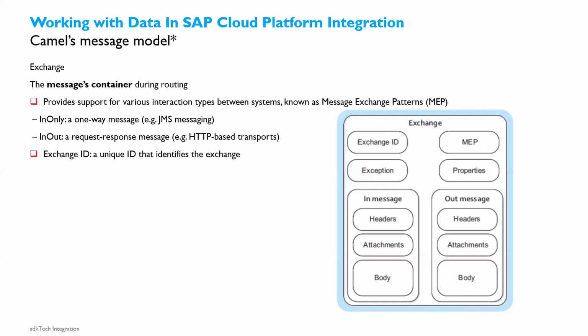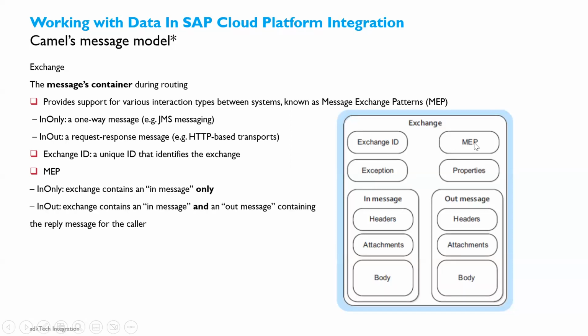Moving ahead, exchange ID. You see, exchange ID is a unique ID that identifies the exchange from one step to another step. That means the movement of the whole exchange container from one step to another step. One exchange ID is provided so that the steps can get correlated with each other. Message exchange pattern, already explained earlier.